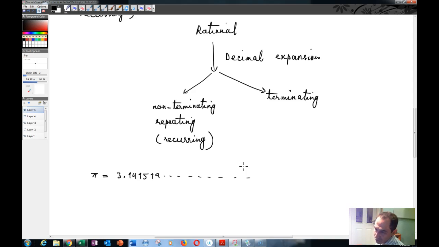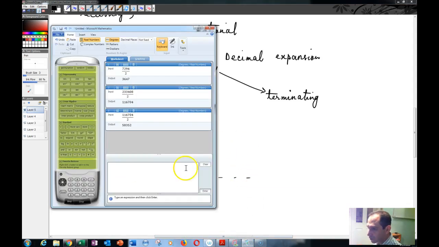and of course it's not random in the sense that the word random is defined, but random in the sense that you cannot find any sort of pattern in the digits. Let's say for example pi over here.